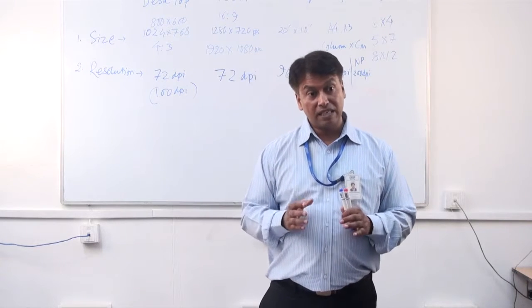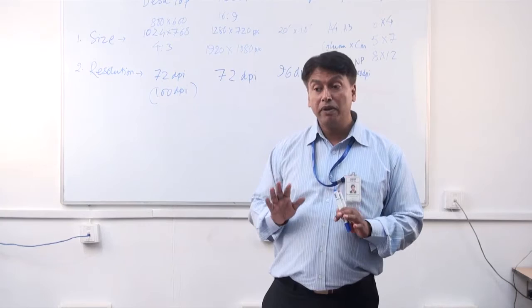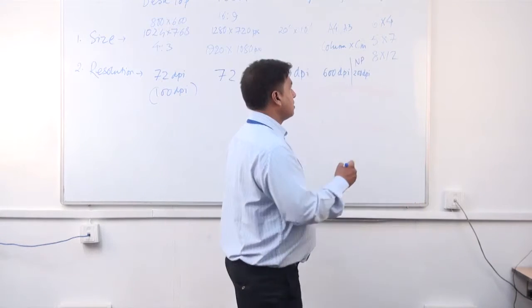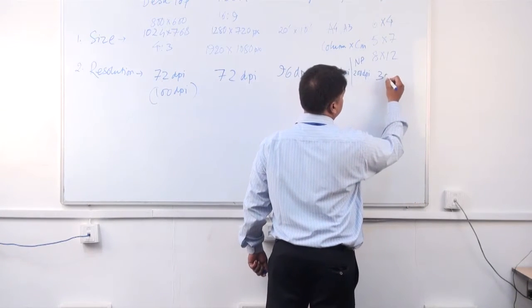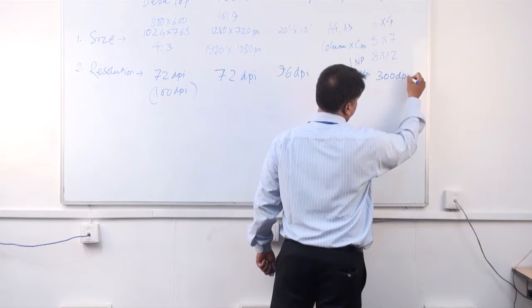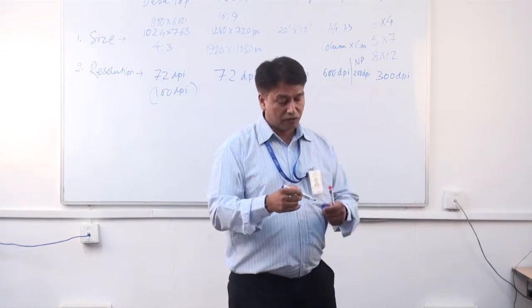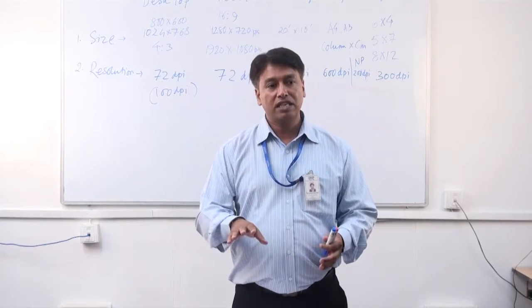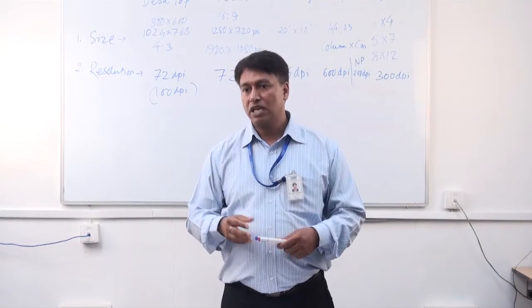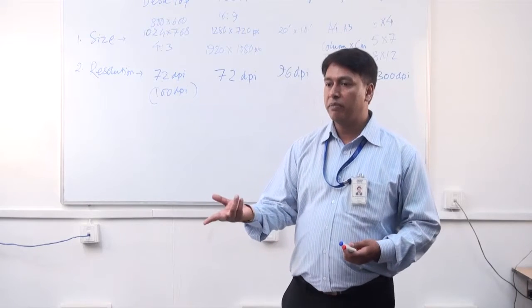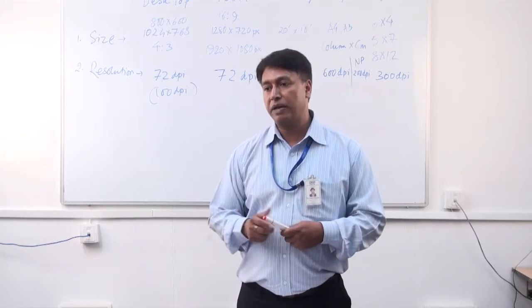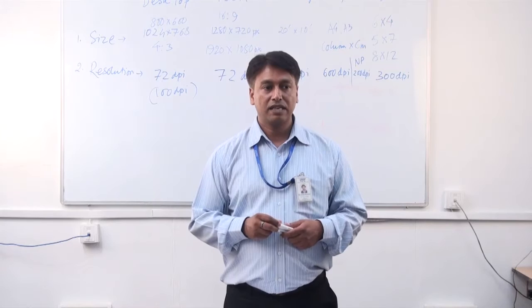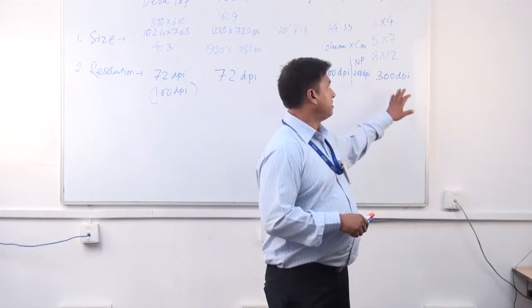So the machine is set at 300 dpi, but not below 300. All the labs set their machines at 300 dpi. So if you are going for a digital lab print, never keep it 600. They will downsize it and print it. So it will unnecessarily waste your memory, your machine as well as your pen drive. So for digital lab, keep it 300 dpi.